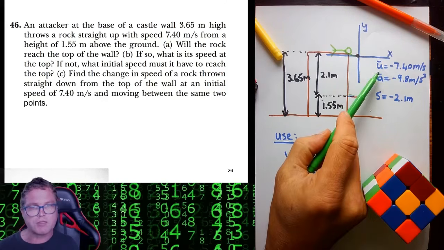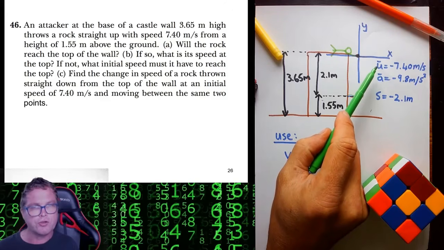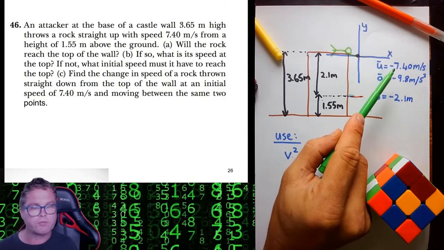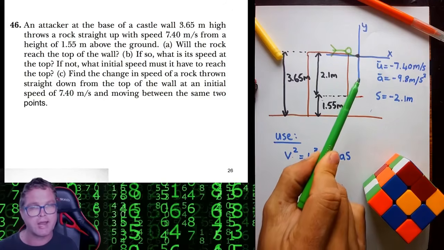So the rock is being thrown downwards at 7.4 meters per second. So for u, the initial velocity here will be minus 7.4 meters per second, where the minus indicates that the rock is being thrown downwards in the minus j hat direction.